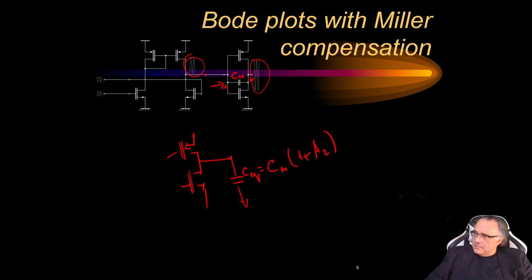So now remember that A2 is about 30 dB because it is gm2 times the equivalent resistance of the second stage. So then if this capacitor is very big, this means that the time constant of the first stage, R equivalent of the first stage times this capacitance, becomes very long, which means that omega p goes to lower frequencies.